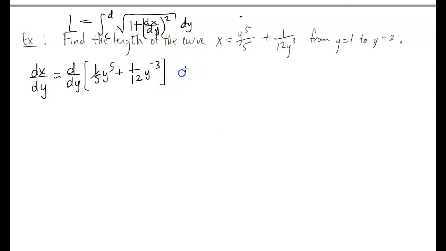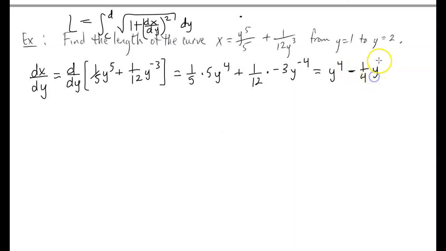So if we take the derivative of the first term, we're just going to get 1/5 times 5y to the 4 plus 1/12 times a negative 3 y raised to the minus 4. Okay, using differentiation rules, and that simplifies to y raised to the 4 minus 1/4 y raised to the negative 4. We know that because it's negative 3 and 12, that reduces to negative 1 here and 4 there.